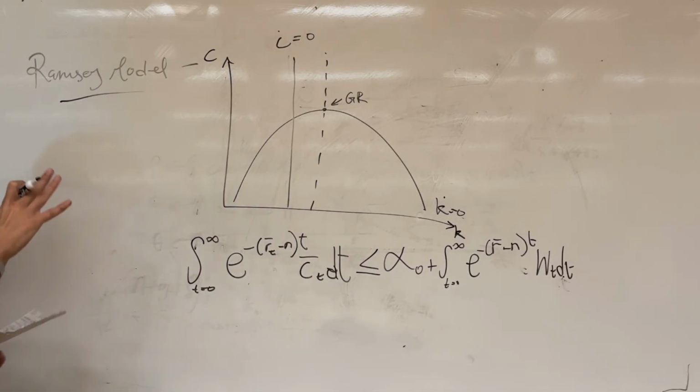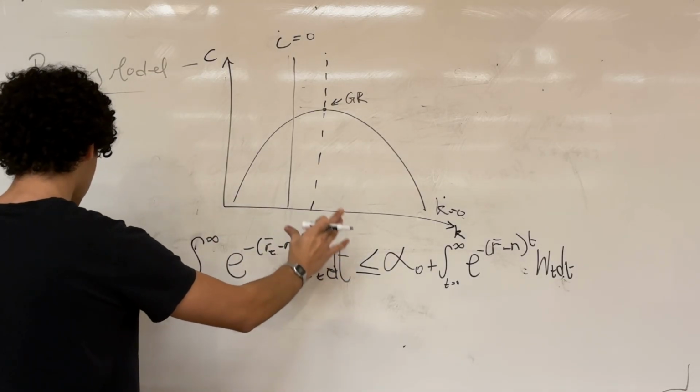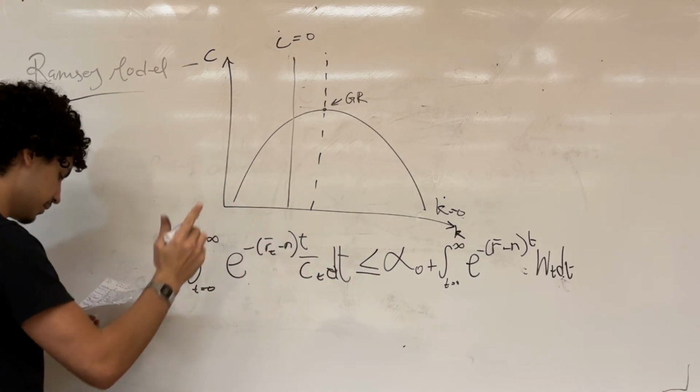So our resource constraint compared to our budget constraint, which is this.